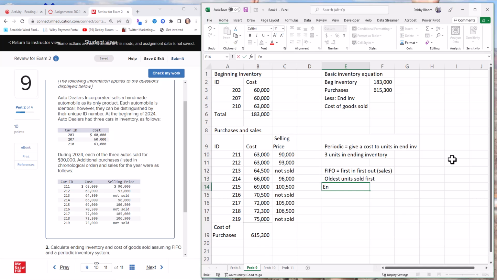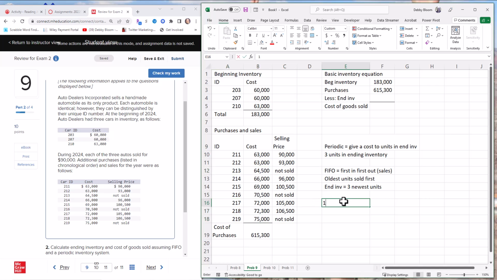So our ending inventory is going to be assumed, again, we're not going to use the specific identification, but we're just going to assume that our ending inventory is comprised of the 3 newest units, because we first sold the units in the beginning inventory, then we sold another 6 more, and we're just left with these 3.